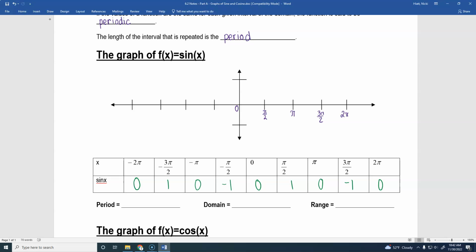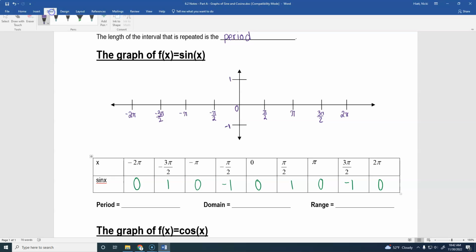And then you'll have the opposite thing happening here on the negative side. Since my lowest number here is negative 1 and my highest number is positive 1, on the y-axis I'll make this negative 1 and this positive 1.